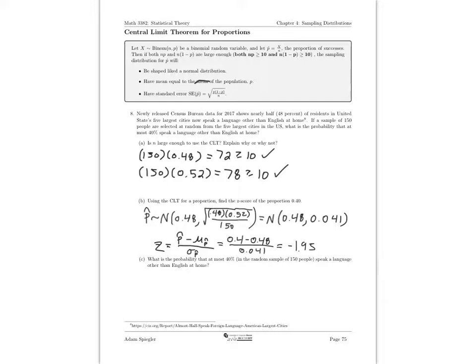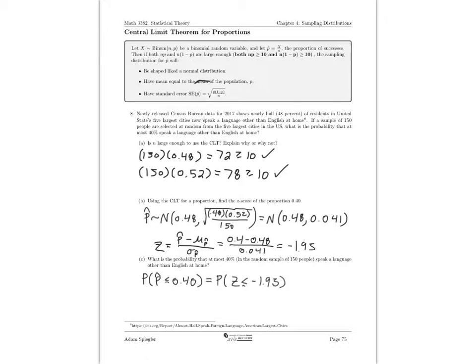So if we wanted to calculate in part C, well, what's the probability that a random sample of 150 people that's speaking a language other than English at home is at most 40%? Then we want to calculate what's the probability that p hat is less than or equal to, not 0.48, 0.40. And we could use the work from the previous part that says we found that the z-score for this is minus 1.95.